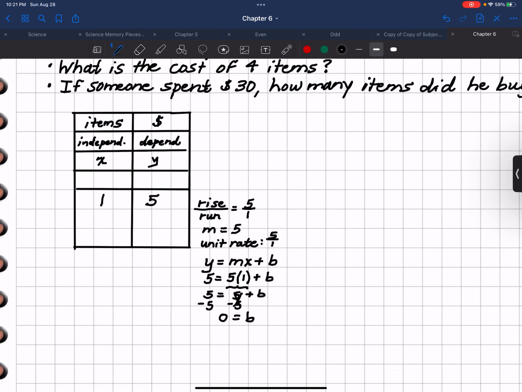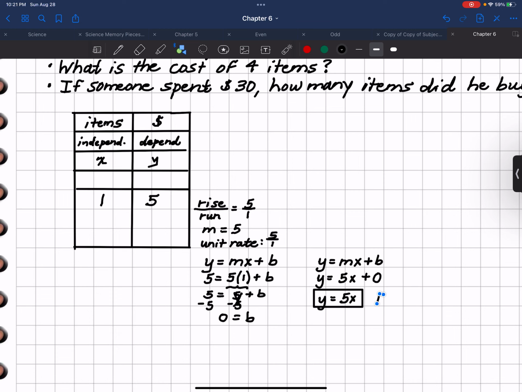So my function is going to be y equals mx plus b. And we just said that b is nothing. We just said that slope is 5, and there is the x. So that simplifies to this. This is the function right there.